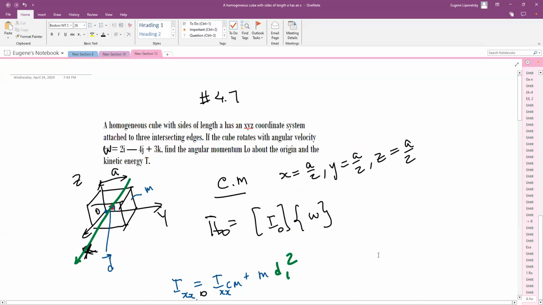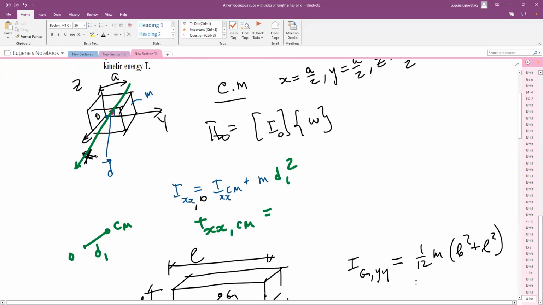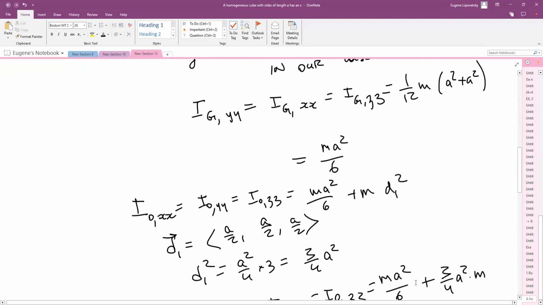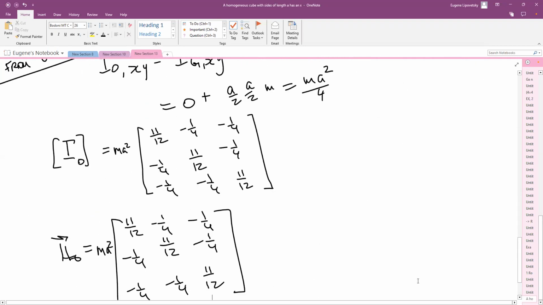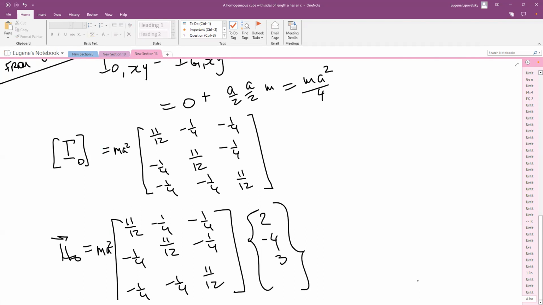And omega is 2, -4 and 3. He calls it L, I call it H. That's going to be MA squared.